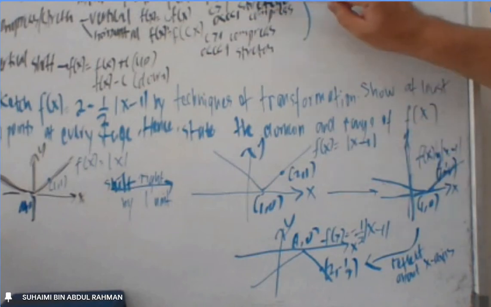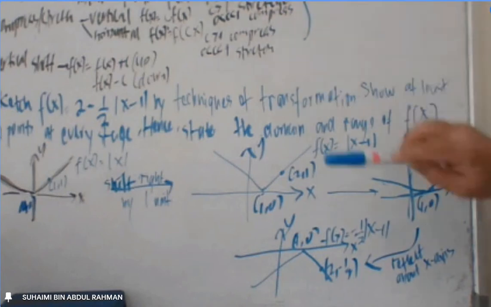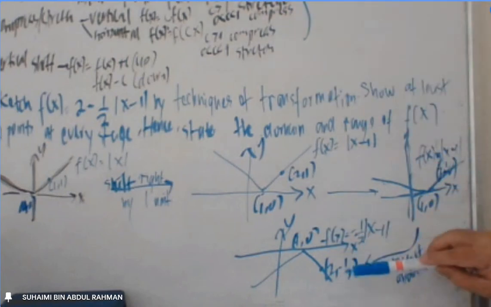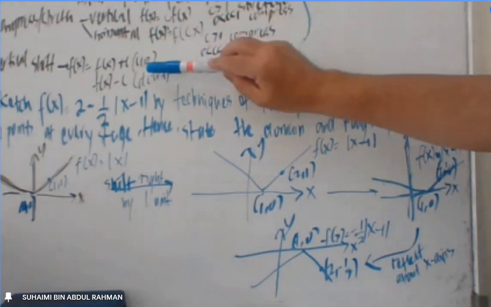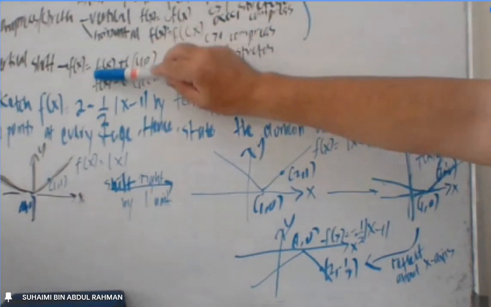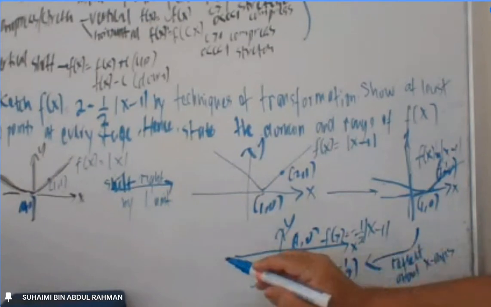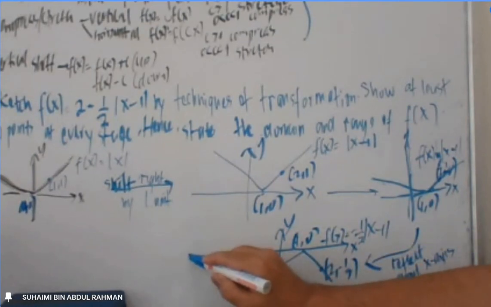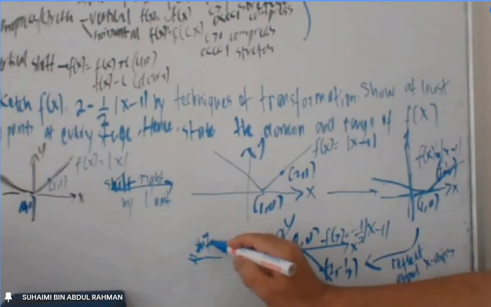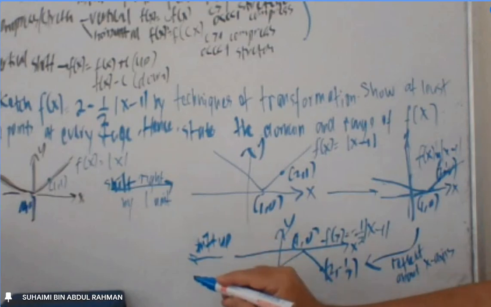We are at the stage of the second one, we put the negative, and then we go to the fourth. We shift it up or down? Shift up. How many units? 2 units.